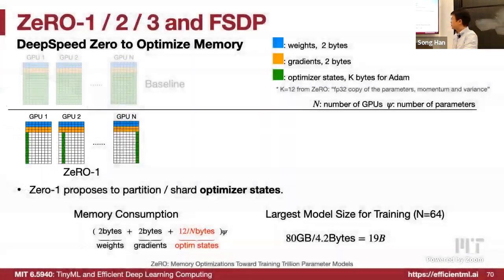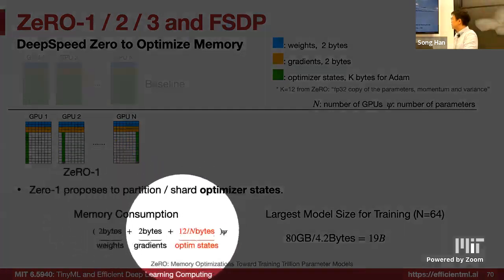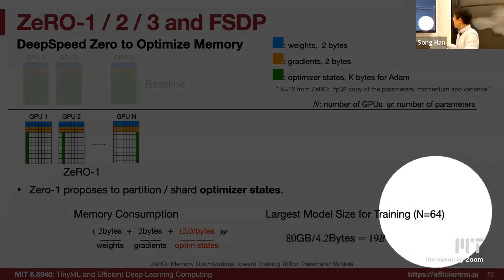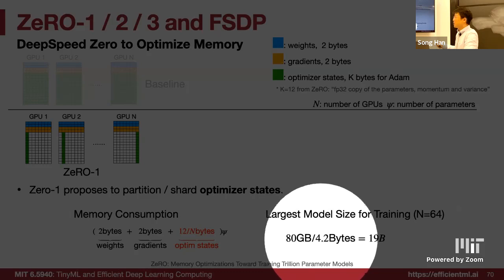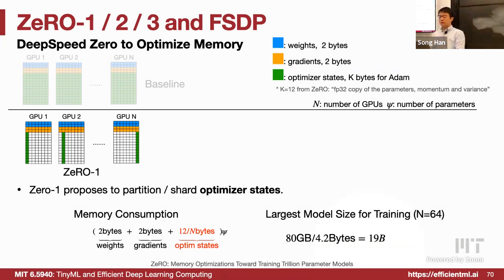So we no longer need to store 12 bytes each, but 12 divided by n. If we put n equal to 64, each parameter requires only 4.2 bytes, and we can fit 19 billion parameters in a single 80 gigabyte GPU. So that's ZeRO-1.